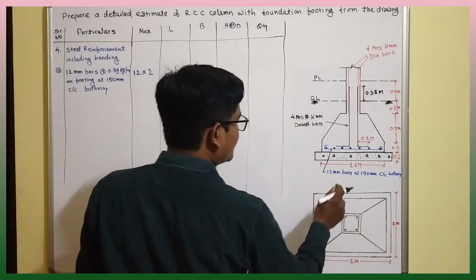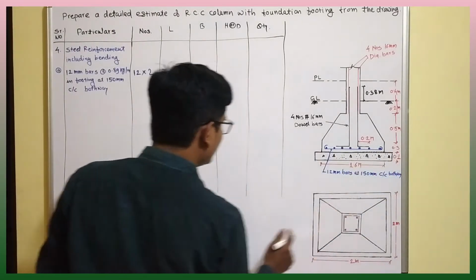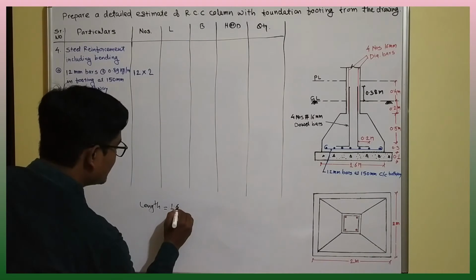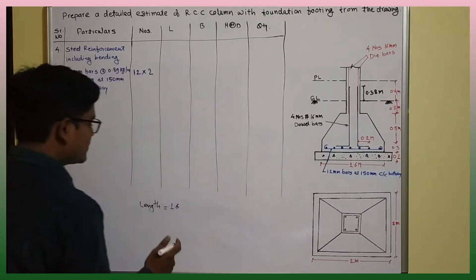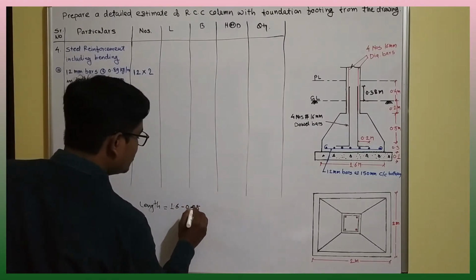Now we have to calculate the length of a single bar that is provided in x direction and in y direction. So see here the x direction. I will write here 1.6 minus the side covers of both sides, that is 0.08.